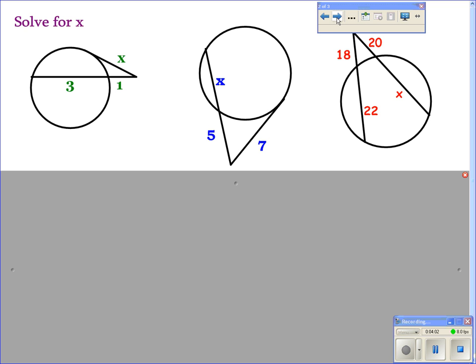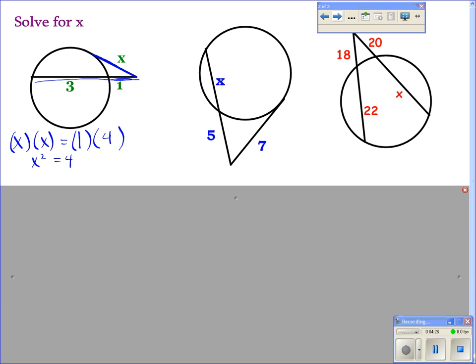Looking at this X right here, we'll take the outside segment and then multiply it by the whole thing, which is still the same thing. So we'll take X, multiply it by X, and set it equal to, on the other side, the outside chunk times the whole thing, which is 4. So this is really X squared is equal to 4. So X is equal to what number? 2. Technically plus or minus 2, but we can't have a negative distance, so we're not going to count the negative 2 as one of our answers.